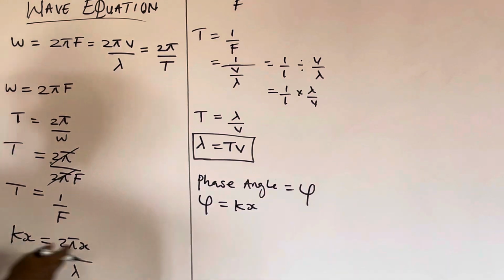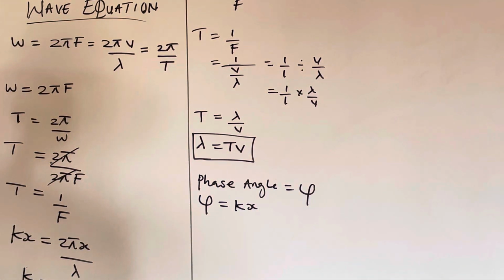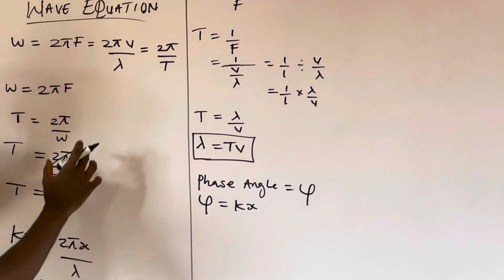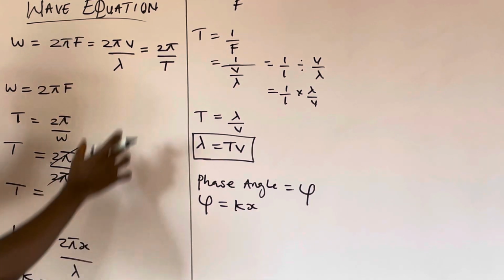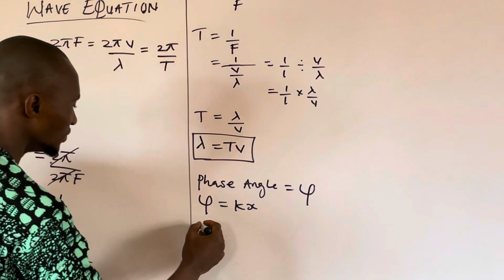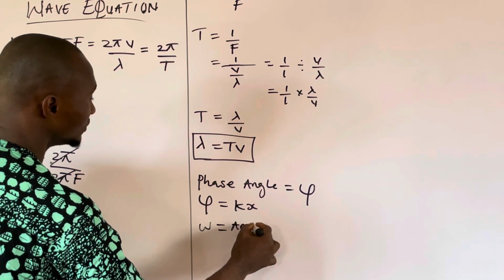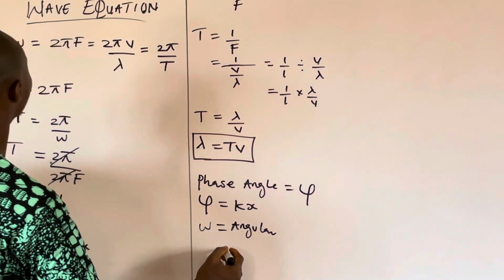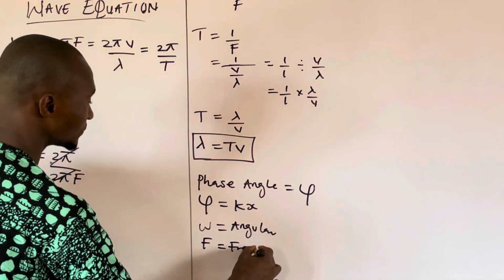You do understand now? So now let me explain all these terms before I proceed. I refused to explain them before stating this on purpose. I want you to see this first. Now, W is equal to angular velocity, and f here is equal to frequency.